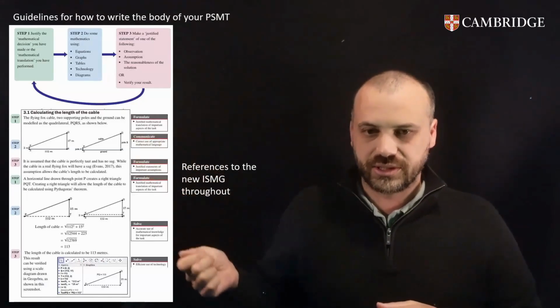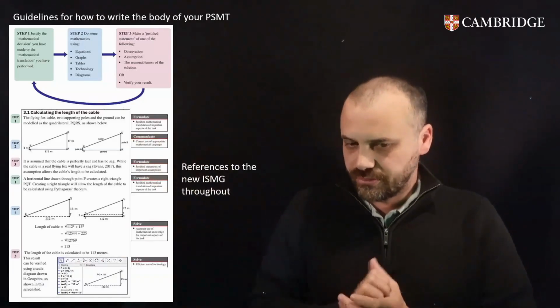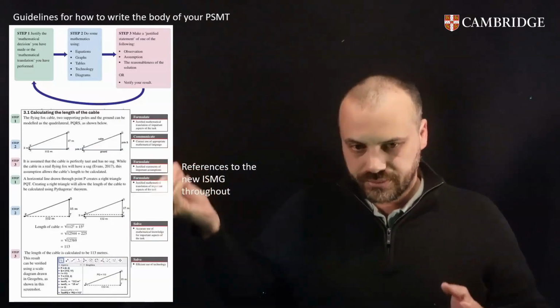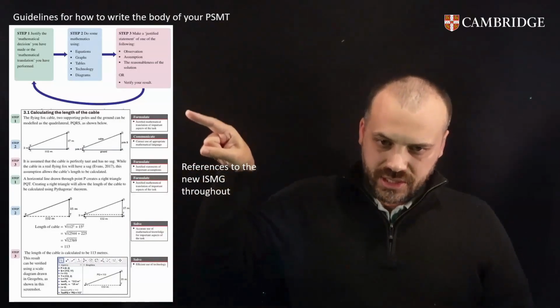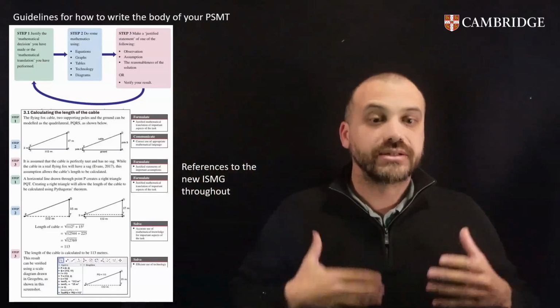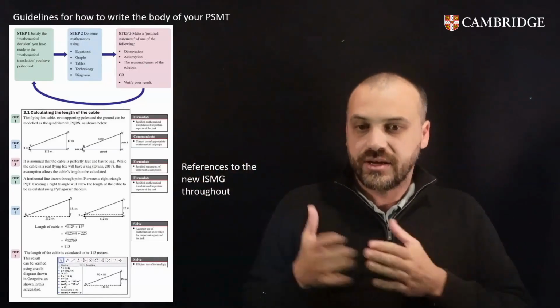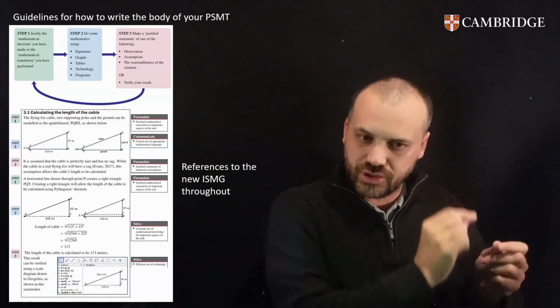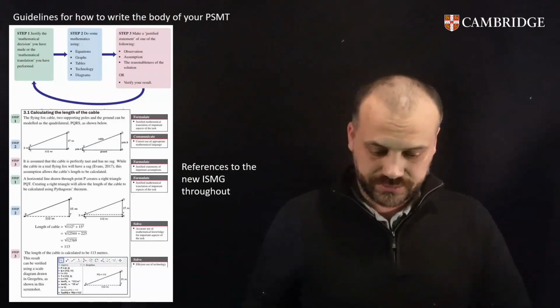So some nice little examples here. The maths is not complicated here, but the point is not the maths. The point is the layout of it. And you can see we're referencing the ISMG throughout, continuing to say, hey, this is what we're driving towards. We're trying to hit these little dots here, trying to get 20 out of 20.